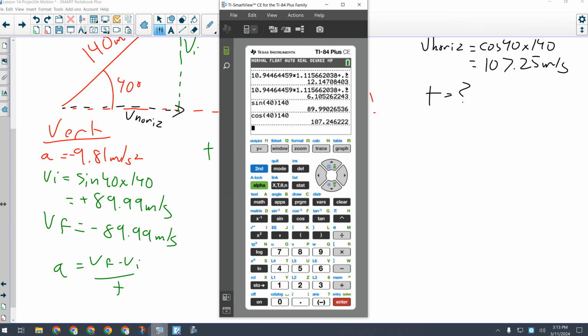That'll give us the flight time of the cannonball. Negative that number minus that number, then divide by negative 9.81. This cannonball is in the air for 18.34 seconds. That is a long time.